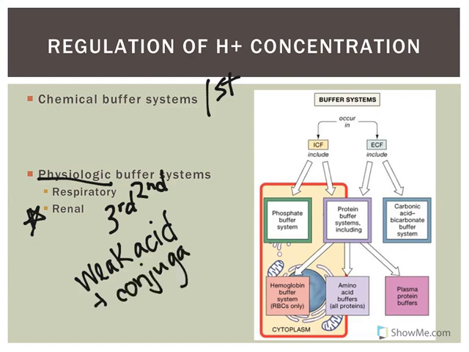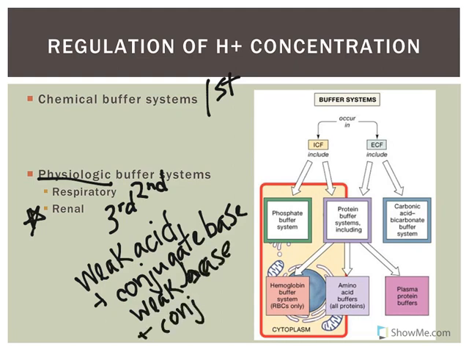Conjugate is a Latin word that means to join together, because that base will conjugate with a hydrogen ion to form the weak acid. Or you have a weak base and its conjugate acid.